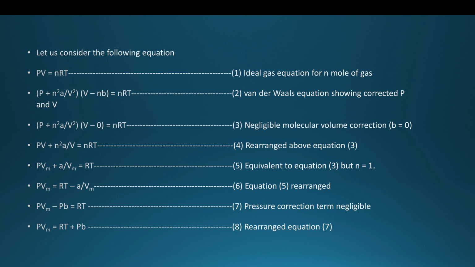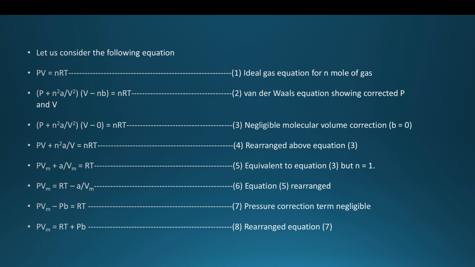Third equation is only for pressure correction term. Volume correction term has been ignored. This situation arises when the pressure is very low, volume is very high. Next, equation number 4 is the corrected form of equation number 3, rearranged equation 3.